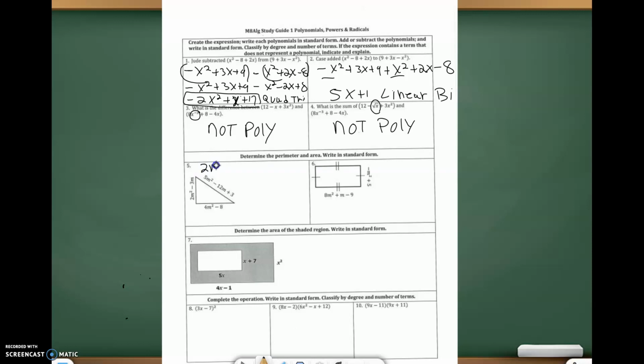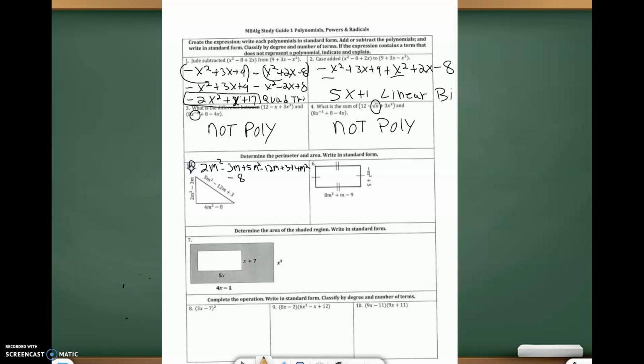So I'm just going to take all the sides. 2m squared minus 3m, right, plus 5m squared minus 12m plus 3 plus 4m squared minus 8. Okay, so that's the perimeter.